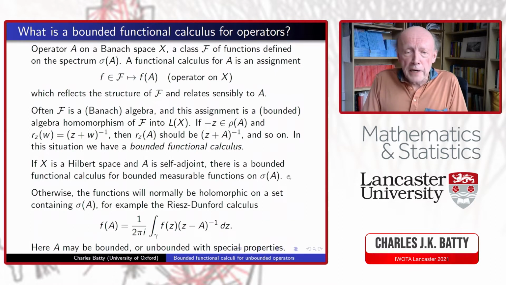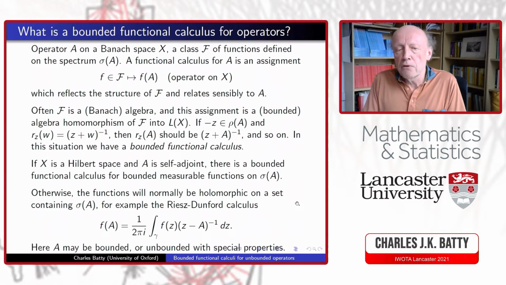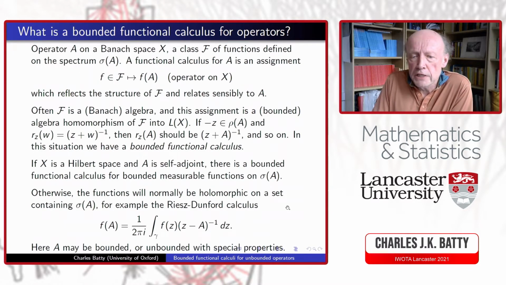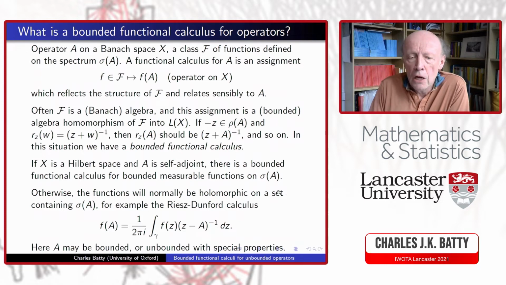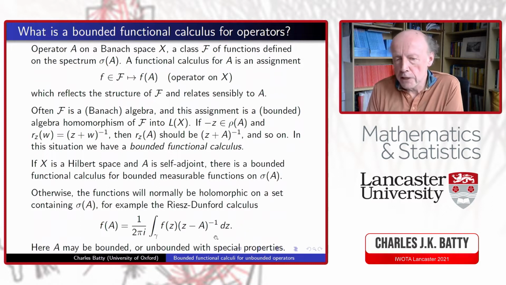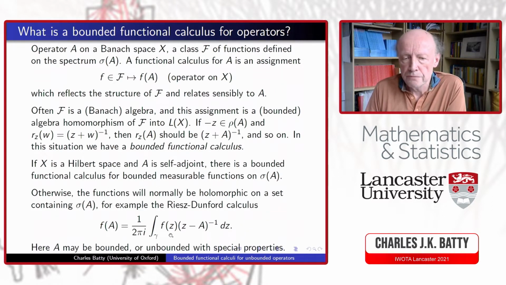If we're not on Hilbert space, that's not so straightforward, and therefore we generally will have to consider functions which are holomorphic on a set containing the spectrum sigma of A, and we can define a functional calculus by the Riesz-Dunford calculus, where you take a contour integral along a contour gamma around the spectrum of A with the resolvent (z minus A) to the minus 1 inside the integral.